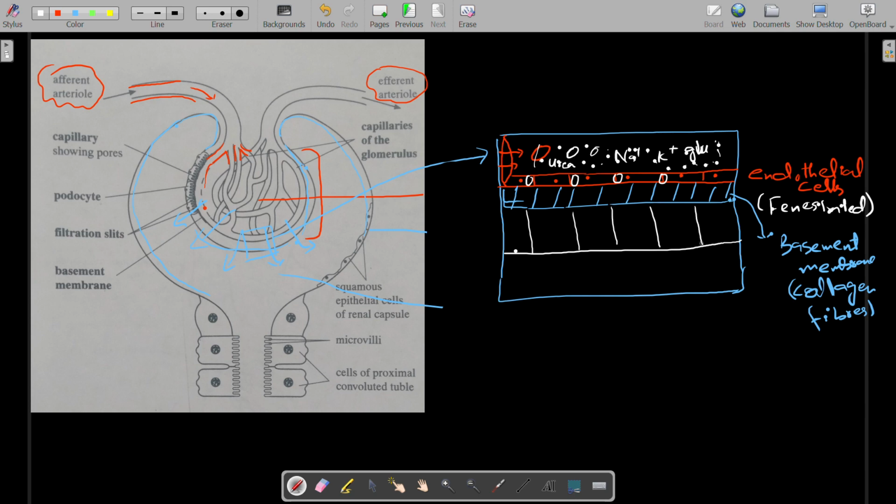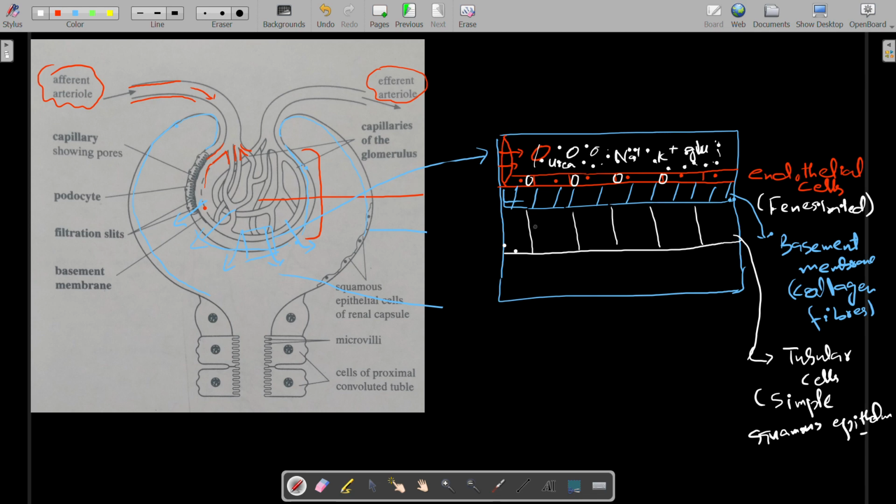These are the tubular cells, and these tubular cells are actually epithelial cells, which form the lining of the Bowman's capsule or the renal capsule. These are simple squamous epithelial cells.